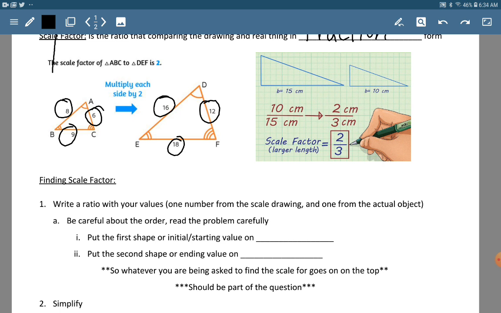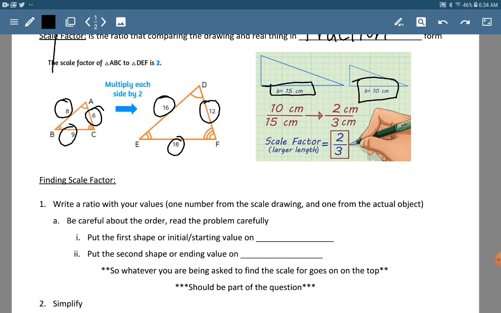So the scale factor is 2. Versus if you look at this triangle over here, it says 15 and then 10. So if I go from 10 centimeters over 15 centimeters, it was 2 centimeters to 3 centimeters, which is the scale factor of 2/3, or 2 to 3.